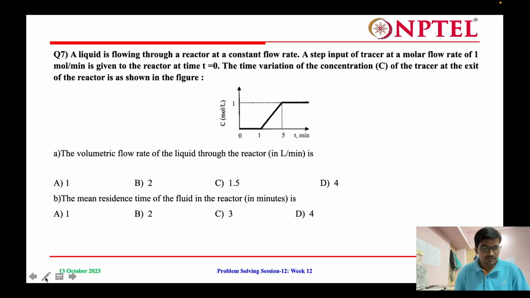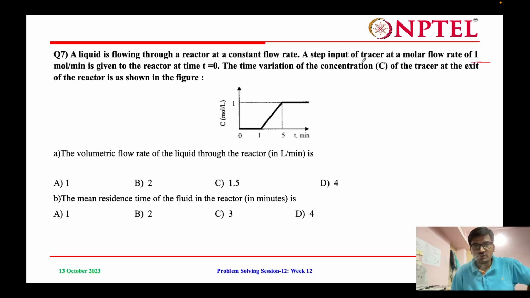Now moving to question number 7. A liquid is flowing through the reactor at a constant flow rate. A step input of tracer at a molar flow rate of 1 mole per minute is given to the reactor at time t equal to 0.